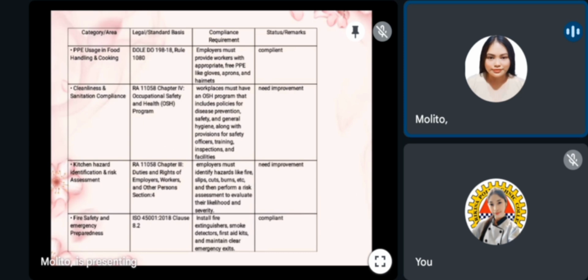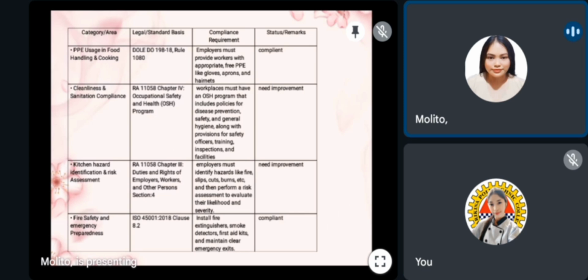Number 3, how they ensure both legal compliance and safety excellence. Safety excellence, by complying with standards, we proactively prevent accidents, protecting our most valuable asset, our staff. Food safety standards like proper PPE and sanitation for serving safe, quality food directly impact customer trust and brand reputation.